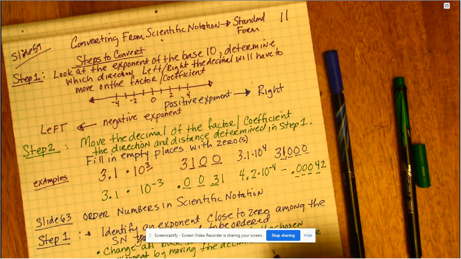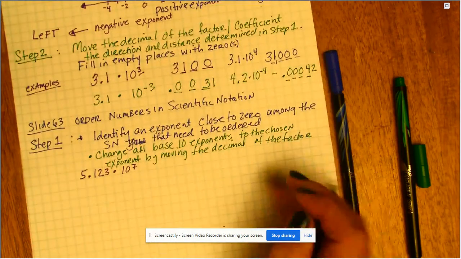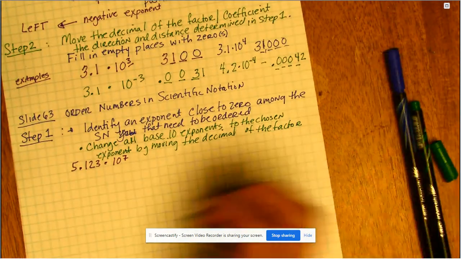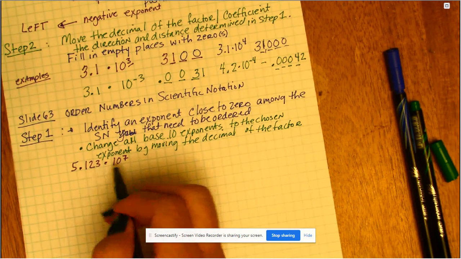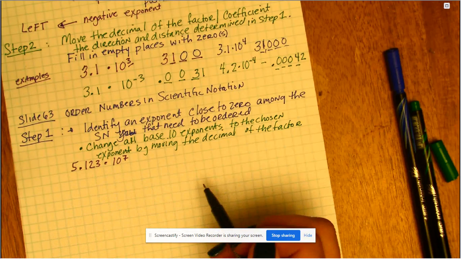So if I had 5.123 times 10 to the 7th, this is in scientific notation, okay?